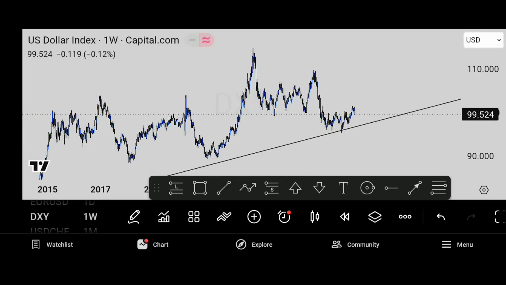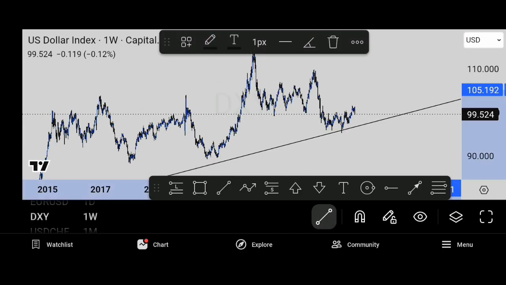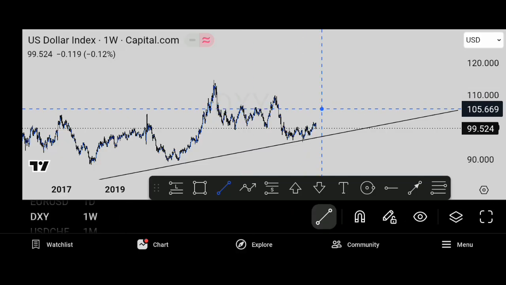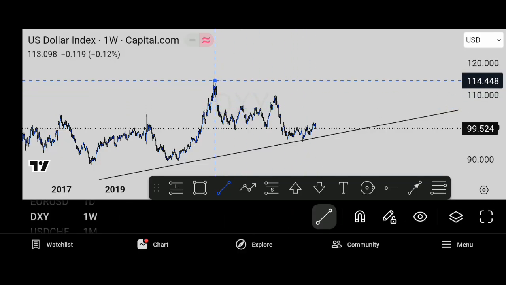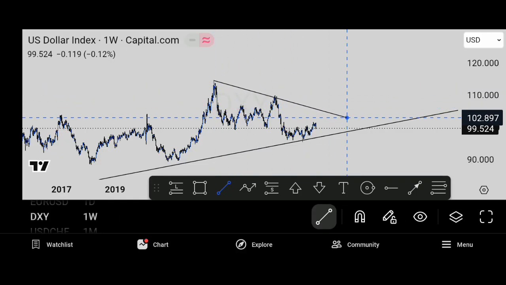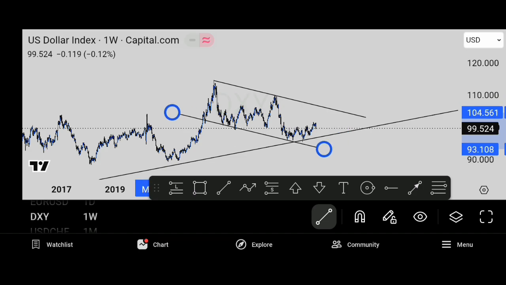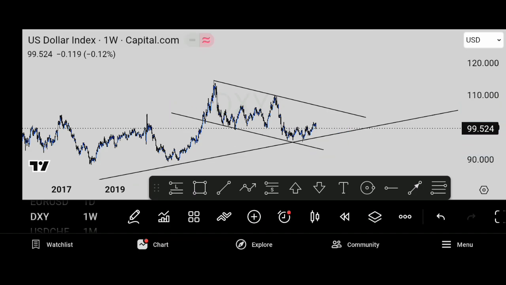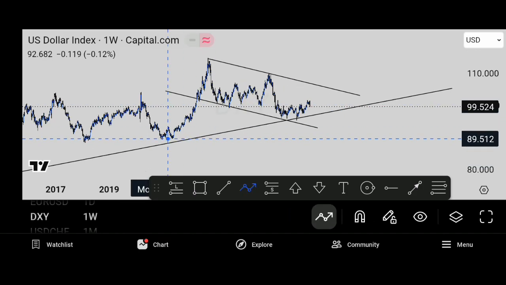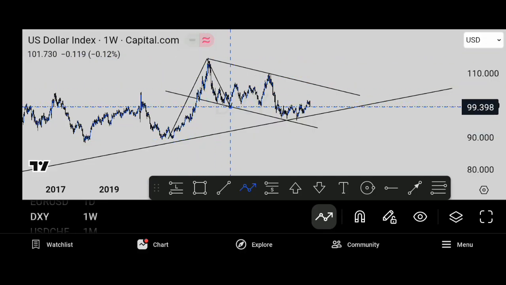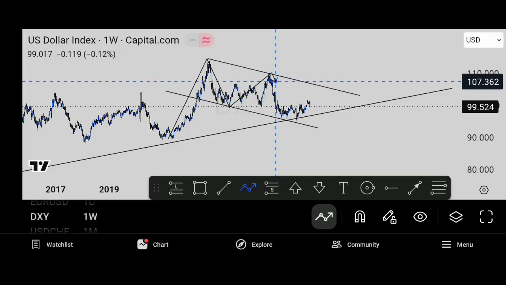Alright guys, so now we are on the weekly time frame, and I'm just gonna delete the trend line. But before deleting the trend line, I want you guys to see something. On the weekly time frame, we do have this downtrend starting from that point, and it has two touches, right? Even if I decide to clone it, you guys can see that we do have that bullish flag, because we do have an impulse, and this entire move here is a correction, right?